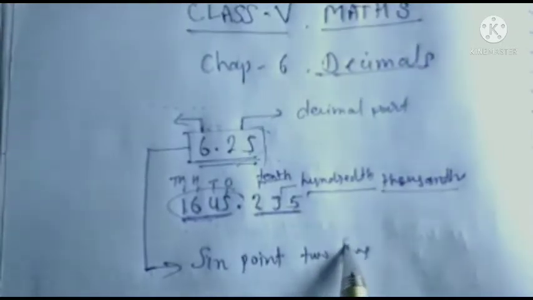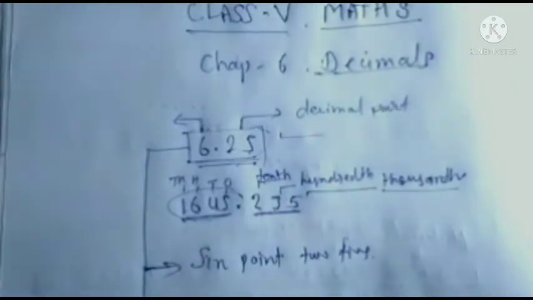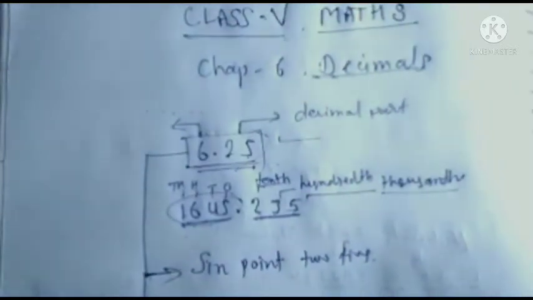Write this number in numeration form. This will be 6.25. This is the numeration form of this. Okay, I hope you understood this concept.